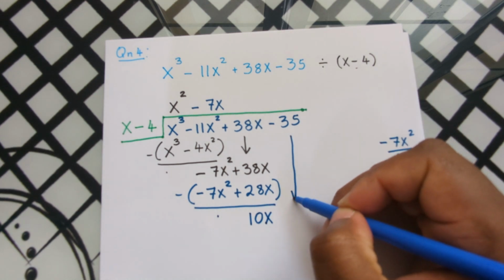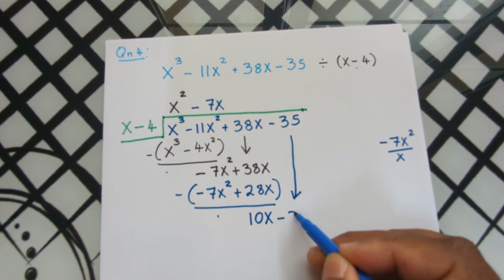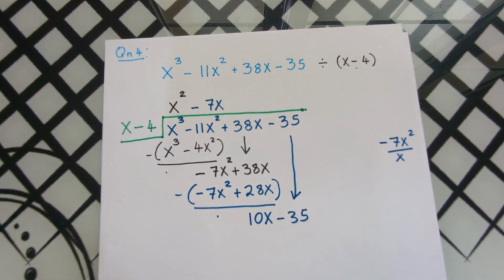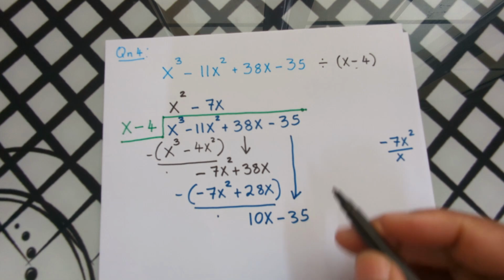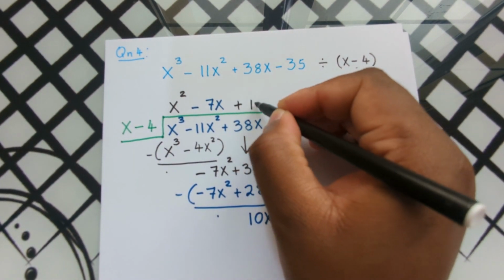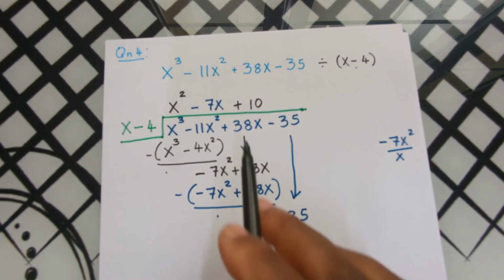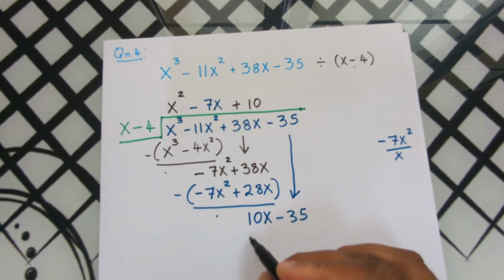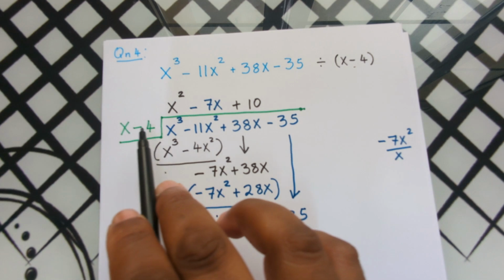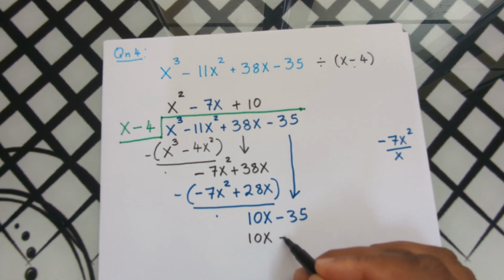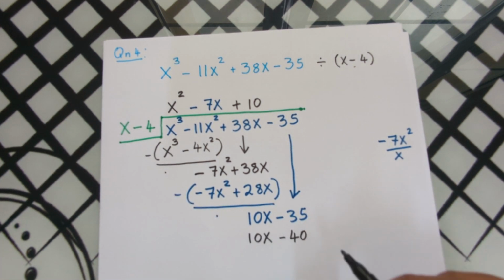And we'll bring down the next term, which is negative 35 in this question. We repeat the same process again, where we divide 10x divided by x. This will give us positive 10. 10 multiplied by x, it will give us 10x. 10 multiplied by negative 4, it will give us negative 40.